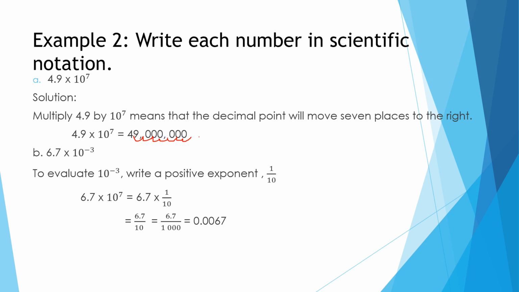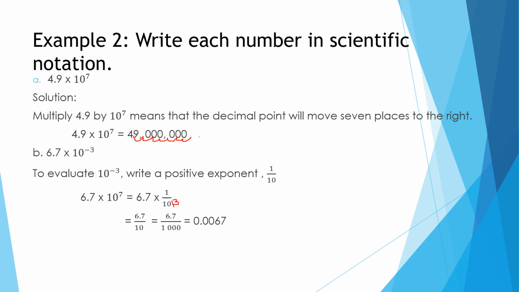And then, we have here 6.7 times 10 raised to negative 3. To evaluate 10 raised to negative 3, or the power of negative 3, write the positive value, which is 1 over 10 cubed. Why 10 cubed?